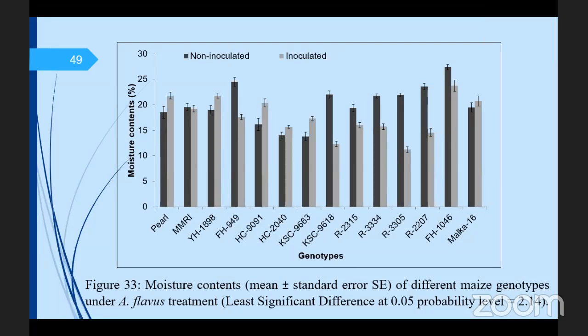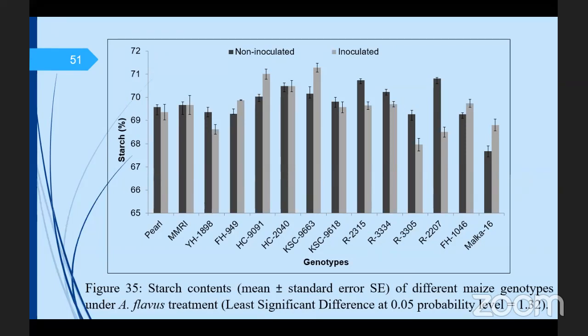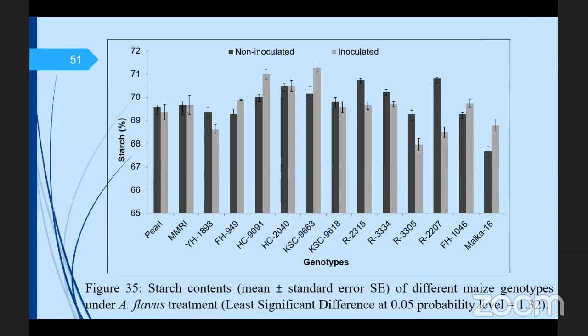Moisture contents also had a variable response towards the treatment, as it increased in some inoculated genotypes, while in other genotypes the moisture contents increased in the non-inoculated group. And the carbohydrate was reduced by the treatment of Aspergillus flavus. But the starch has a variable response and a different response for each genotype.